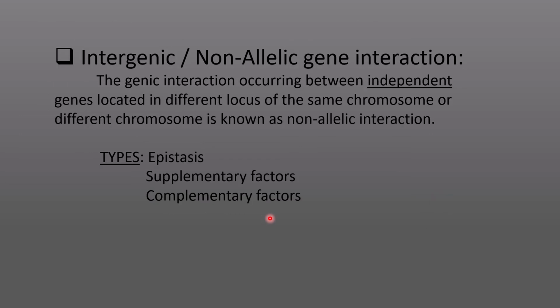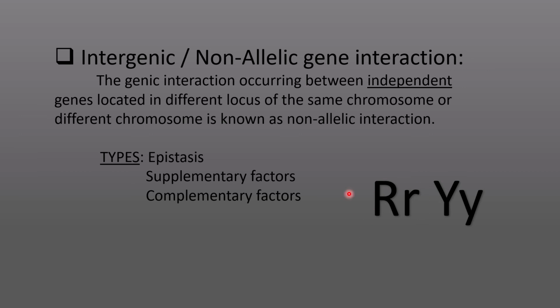The next one is intergenic, or non-allelic gene interaction. This is the interaction that occurs between two independent genes. This is the important word here: independent genes located in different loci of the same chromosome or on different chromosomes. These two genes are non-allelic. Why? We know here R and R are allelic, and R and Y are non-allelic.